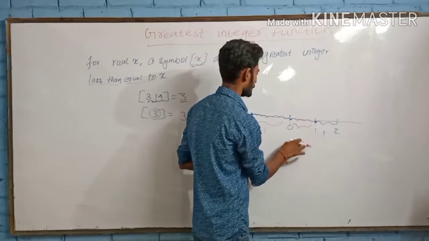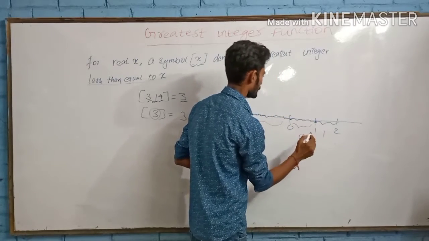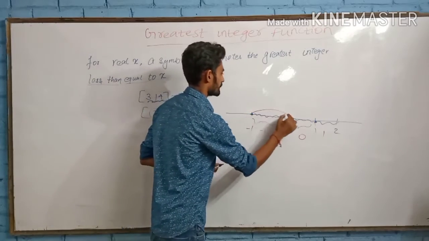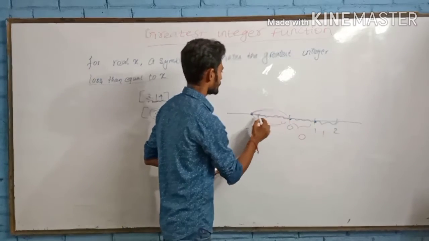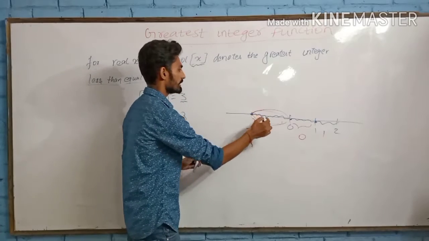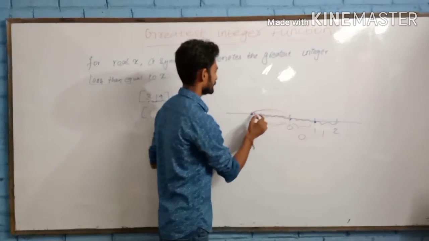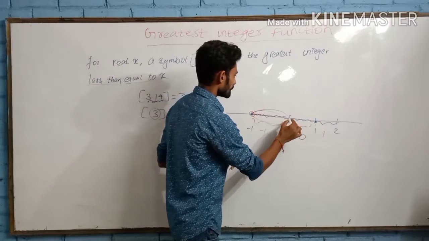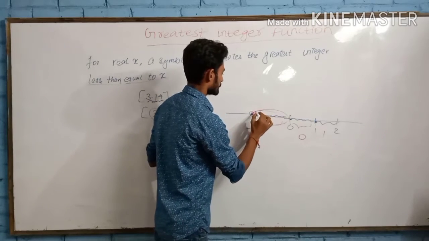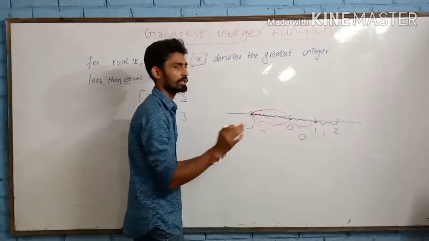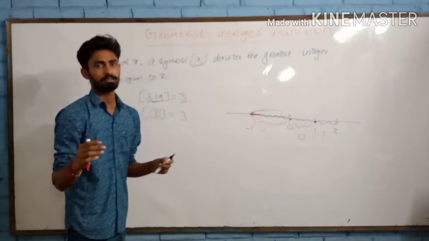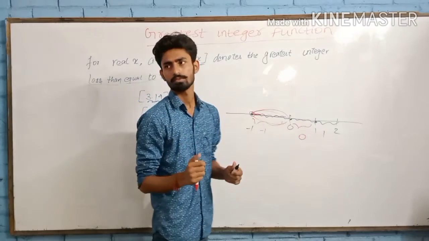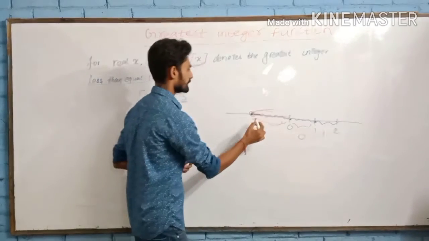Because for this reason, the integer just less than these values is this. That means for any region like 1.4, 3.4 or 6.4, the just preceding integer is the greatest integer function.